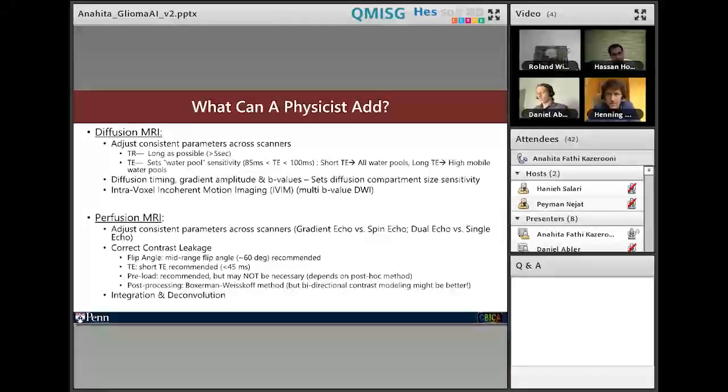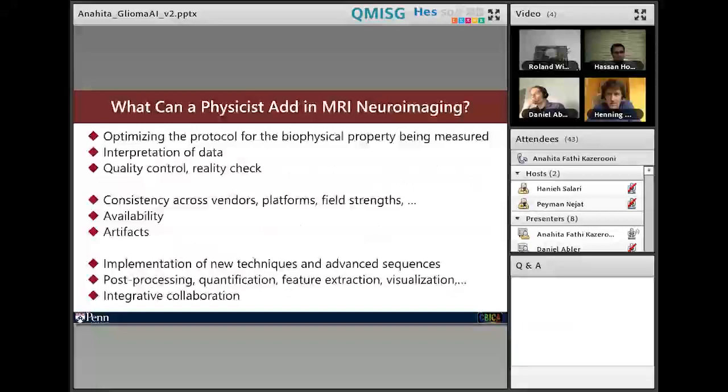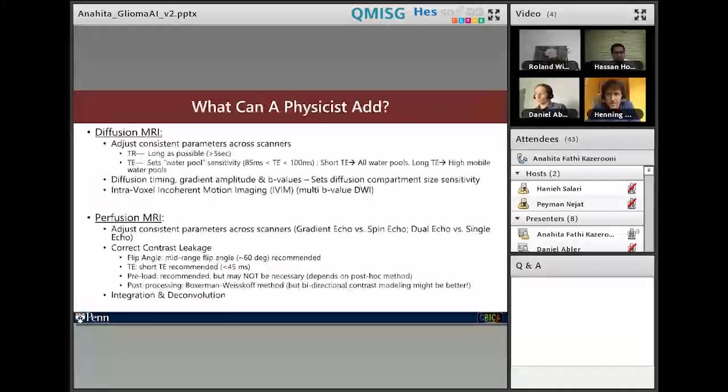So what can a physicist add? This is a rather crowded slide, but I just summarize it. Basically, a physicist can adjust consistent parameters across scanners when we have a large or multi-institutional study. We have to make sure that all of the imaging parameters are consistent, and that it is actually showing the parameter of interest or the biological characteristic of interest.